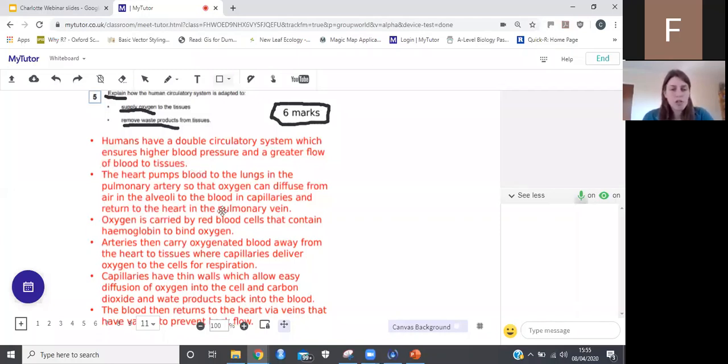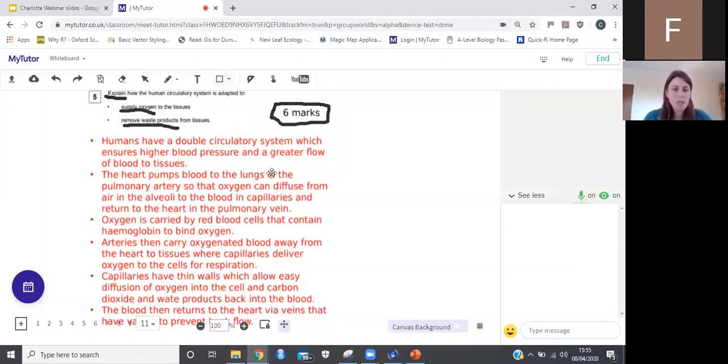Then I've moved on to the heart pumps blood to the lungs in the pulmonary artery so that oxygen can diffuse from air in the alveoli to the blood in the capillaries and return to the heart in the pulmonary vein. So there I've talked through the pulmonary circuit. It's that first circuit we talked through from the double circulatory system.